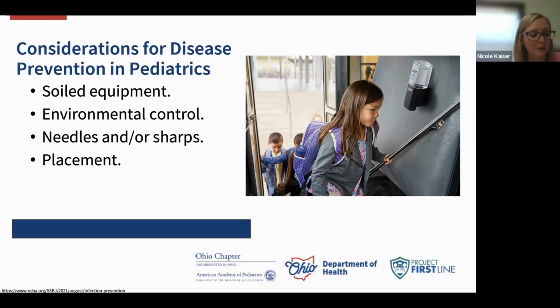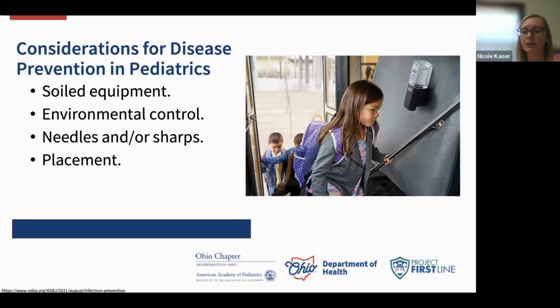Ensuring that we're properly disposing of needles and sharps. Containers should be, again, in a location that's easily visible and accessible. And then patient placement. During the COVID-19 pandemic, it was very popular to split up the waiting room into one side being sick, one side being well, or even breaking the day into morning for sick visits or well visits, and vice versa, depending on the risk.